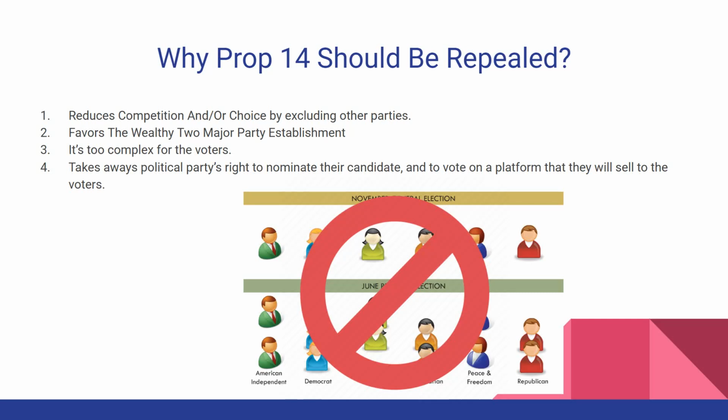They favor the corrupt oligarchy in Washington and Sacramento. And they're also too complex for the voters. They take away political parties' right to nominate their candidates and to run on a platform that they will sell to the voters. This is why Prop 14 should be repealed and replaced.